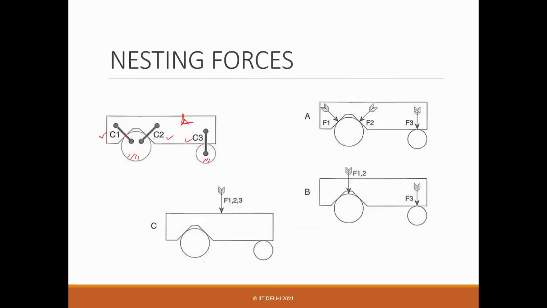So at B, it's perpendicular to the planes, passing through this point, and then you have C1, passing through this point, and this is the normal direction.